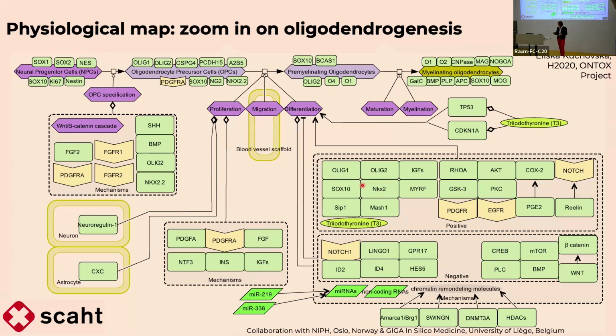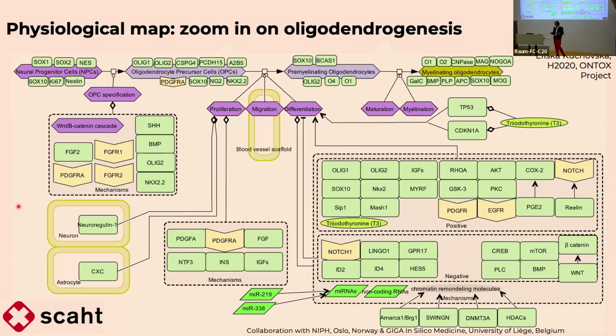And this is oligodendrocyte development here. You have the specification of the cells, proliferation, migration, differentiation, and then the maturation and myelination of the oligodendrocytes, and then all the signaling that we could find that relates to these different processes.